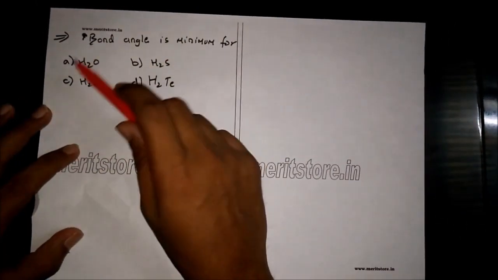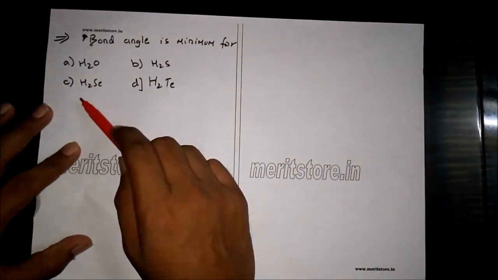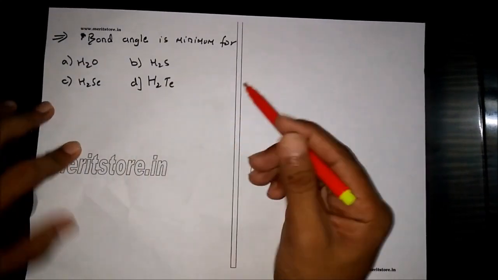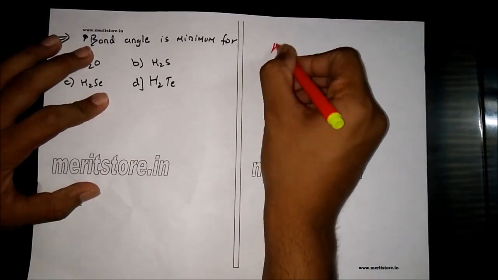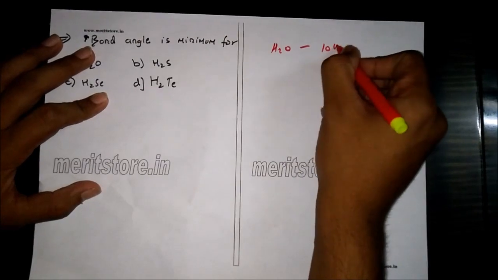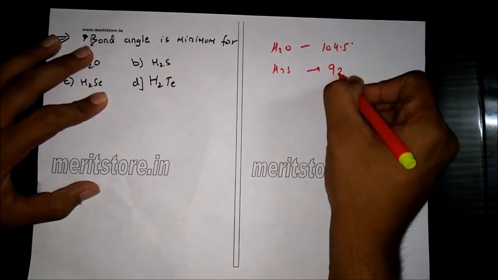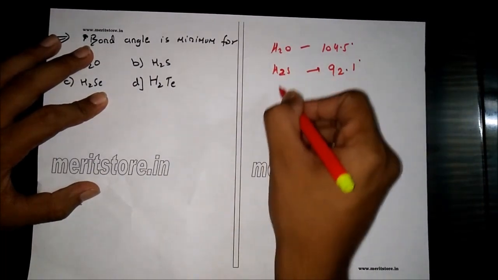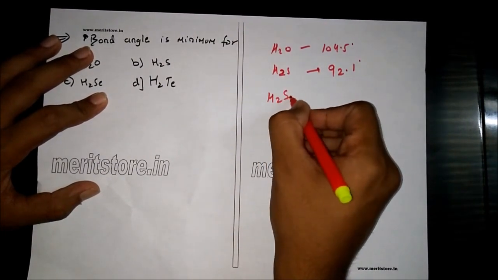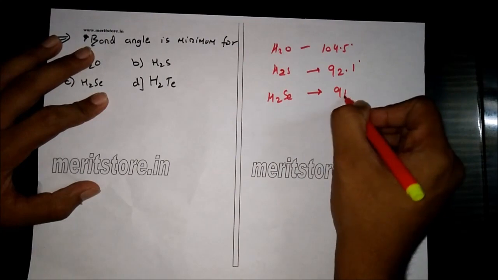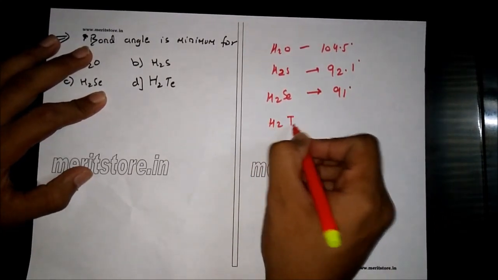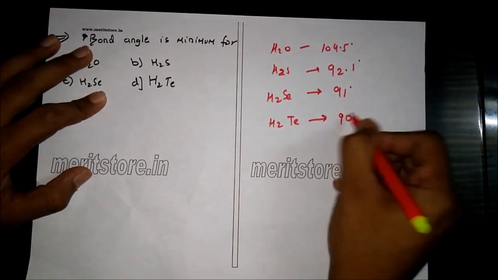Bond angle is minimum for A. H2O, B. H2S, C. H2Se, and D. H2Te. Now, H2O has a bond angle of 104.5 degrees. H2S has a bond angle of 92.1 degrees. H2Se has a bond angle of 91 degrees, and H2Te has a bond angle of 90 degrees.